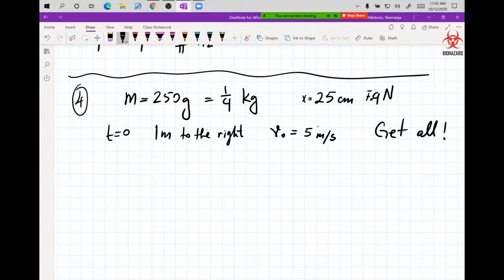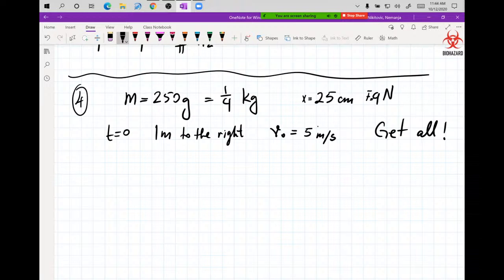All right, cool. So when you start a problem like this, you have to understand that if you do not convert units to their base units, meters, seconds, kilograms, newtons, and feet, pound, second, the numbers are not going to work well and you are going to get the problem wrong.